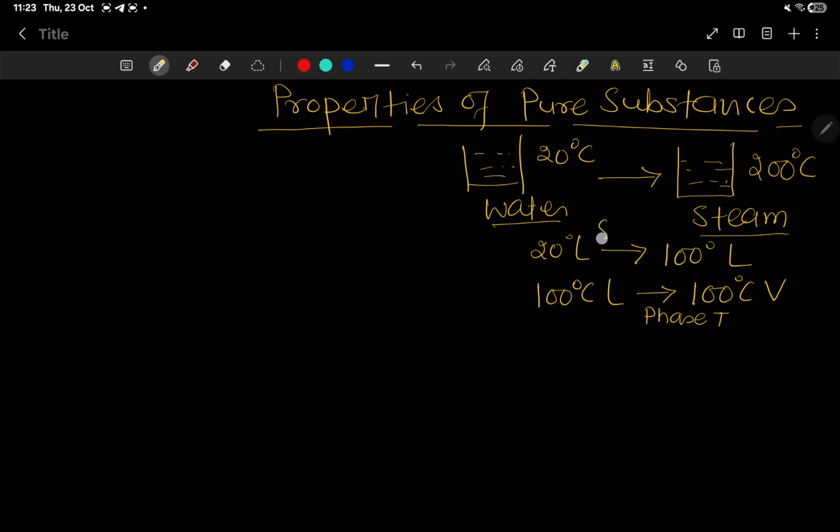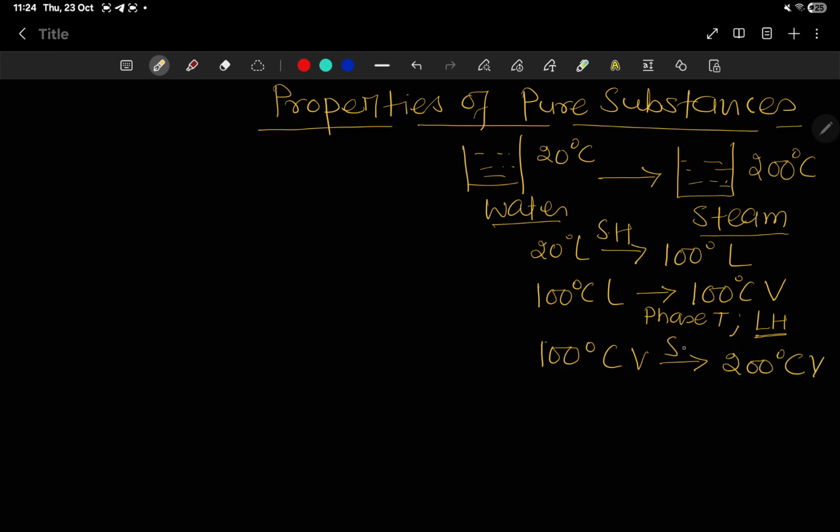This is where we will provide some sensible heat, and in phase transformation some latent heat will be provided, right? Then we will heat this 100 degrees Celsius vapor into 200 degrees Celsius of vapor.